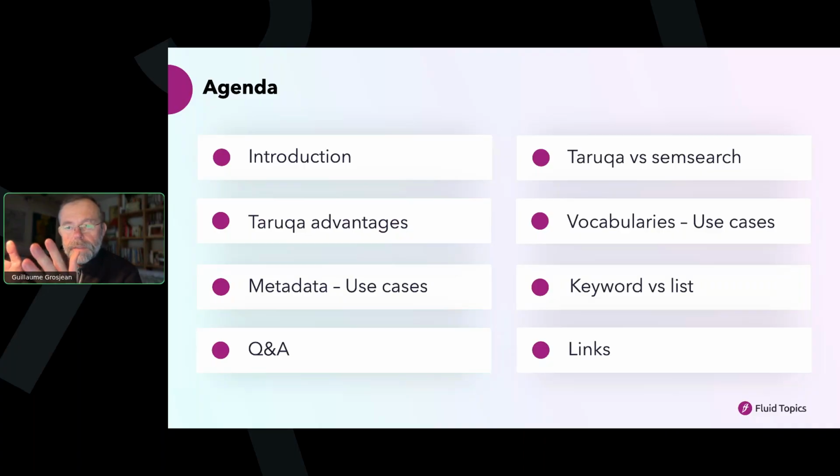We'll touch on vocabularies, taxonomies, and thesaurus. And we'll also explore how to get the most value out of the metadata that you use. Finally, we'll see how Taruqa can be used with or without keywords to build a list of replies.